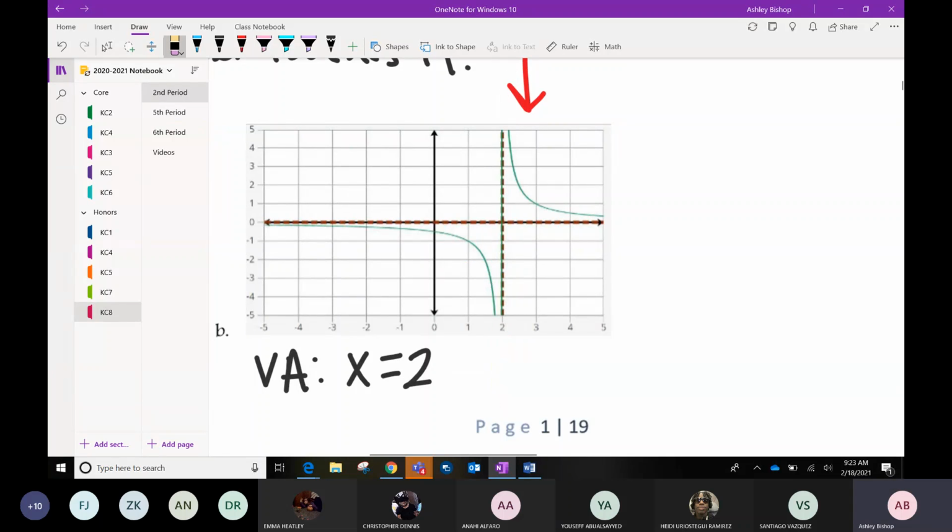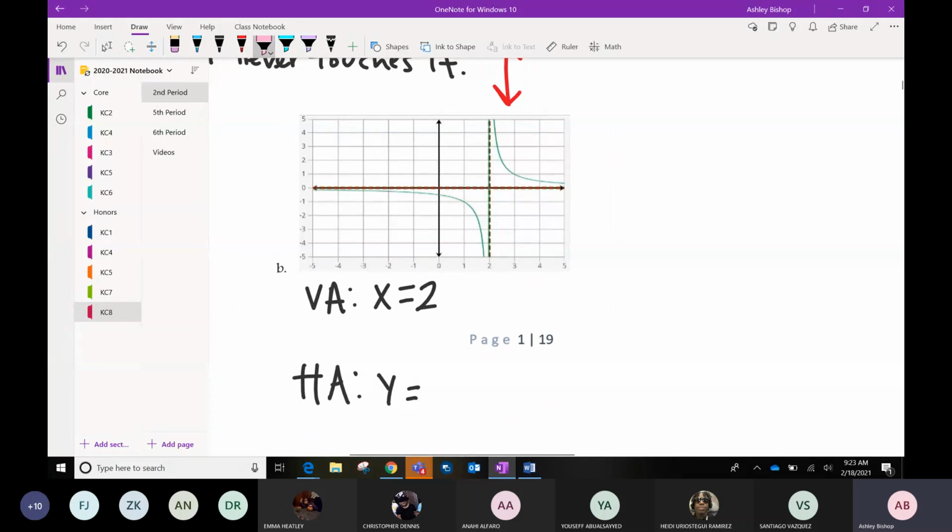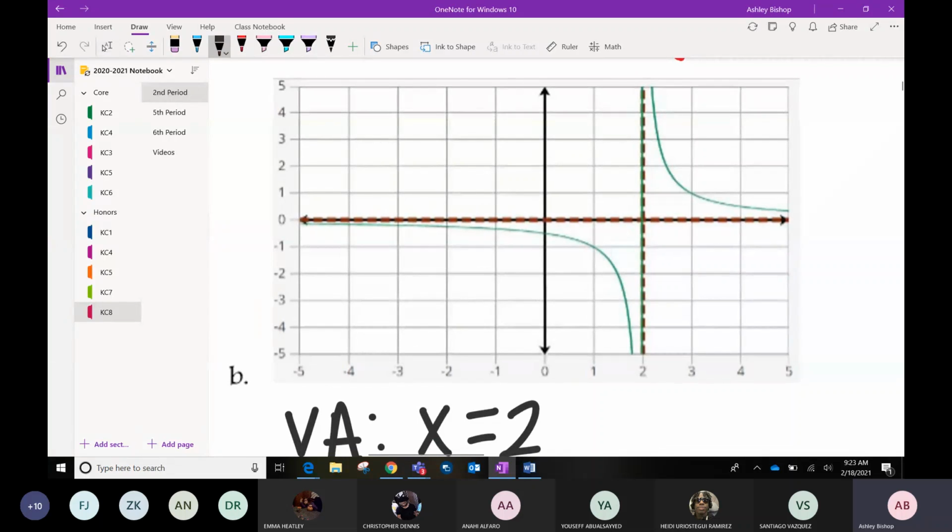Then horizontally, I'm going to look where my graph starts to go horizontal. This graph gets super, super close to this point, but it's never going to actually touch it, whether I want it to or not. What point is that graph getting really close to, but not going to touch, for horizontal on either end?